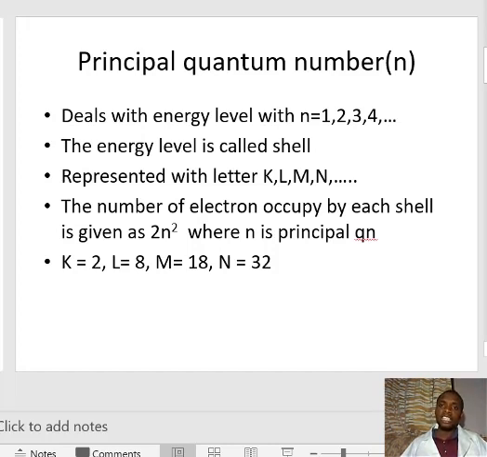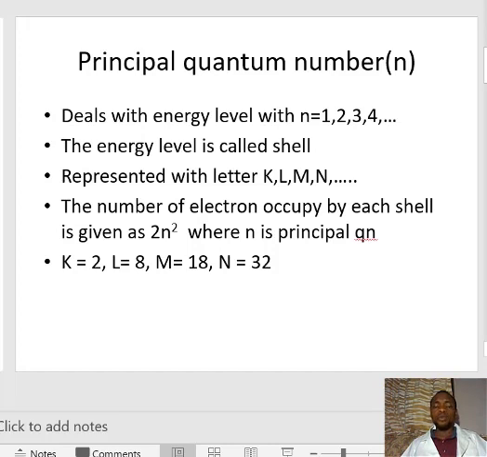And these shells are represented with letters K, L, M, N, meaning energy level 1 is represented with letter K, energy level 2 with letter L, level 3, M, and level 4, N, and so on and so forth. So we say we have K shell, L shell, M shell, N shell, and the rest.